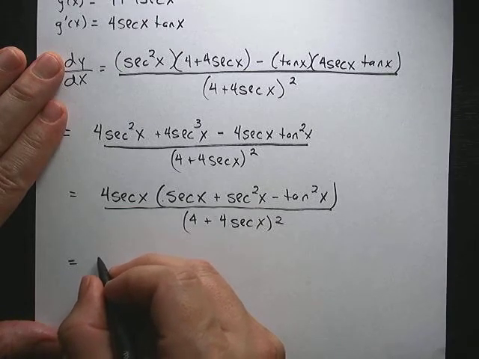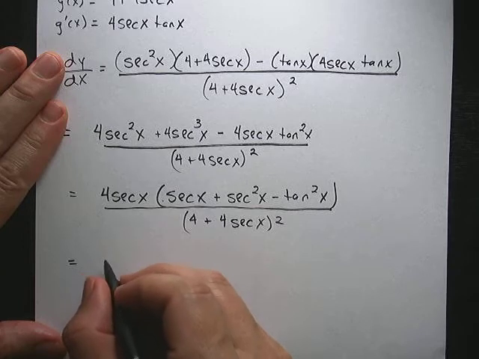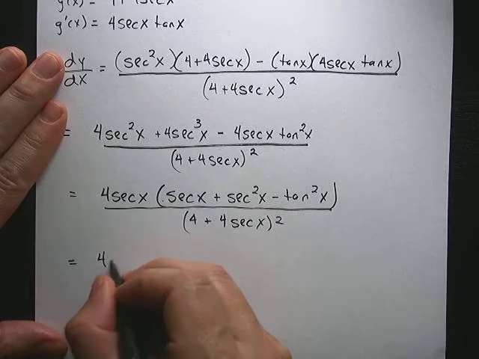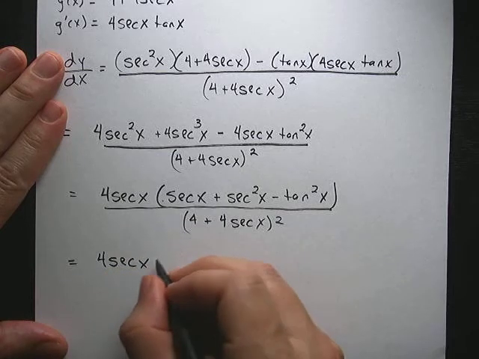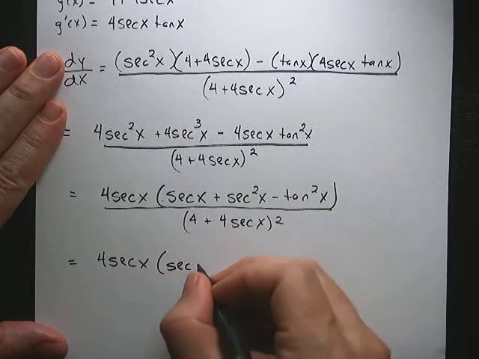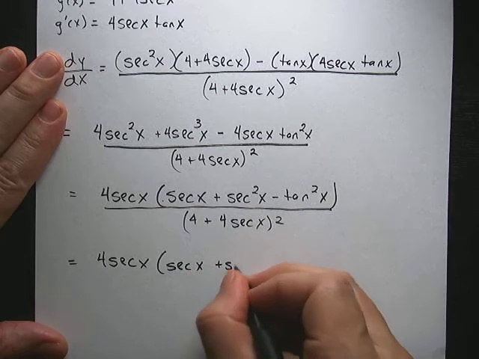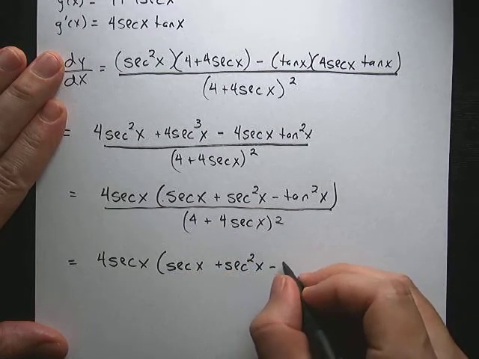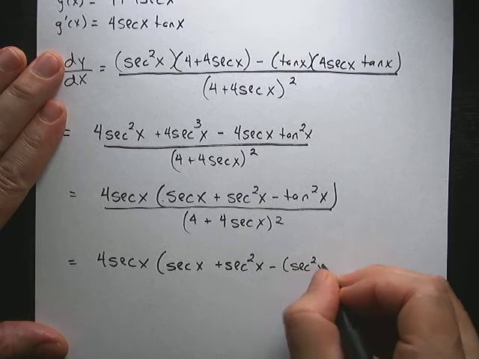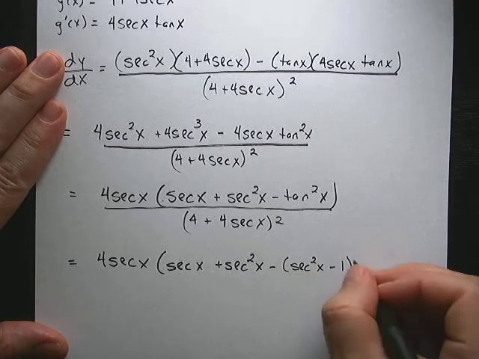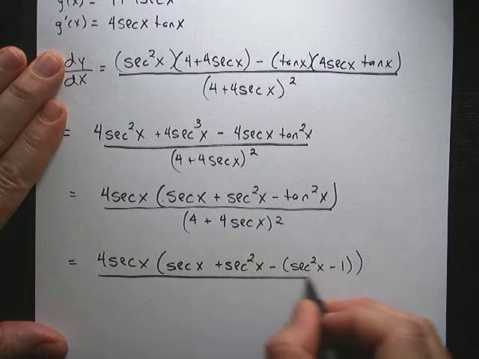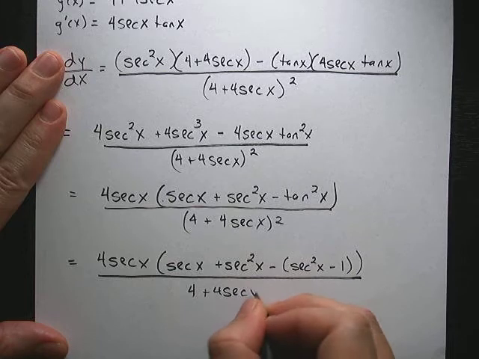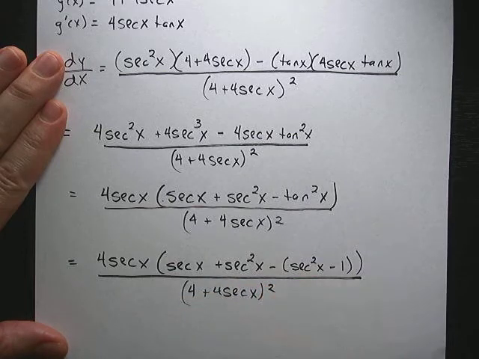We might actually have done that earlier. Sometimes when you're working with trig functions, you don't see exactly what you're supposed to do until you get into the middle of the problem, and that could be the case here. So this is secant squared x minus 1, over 4 plus 4 secant x, squared.